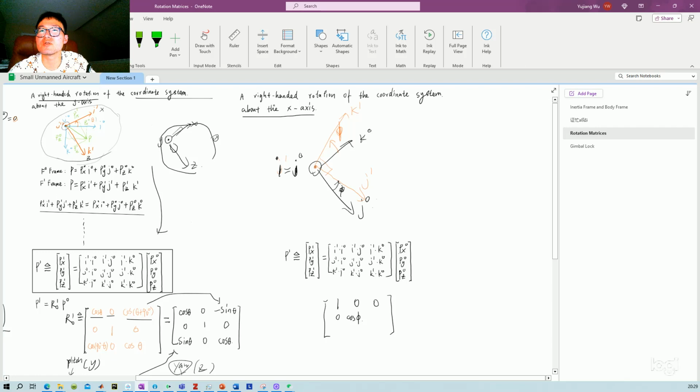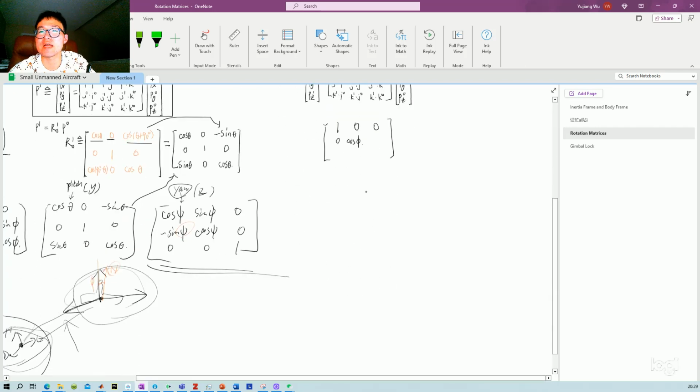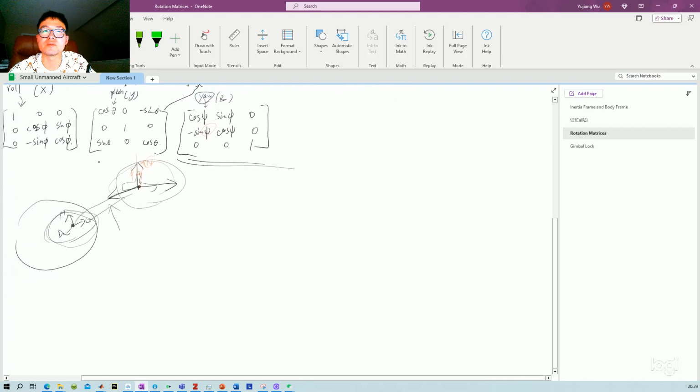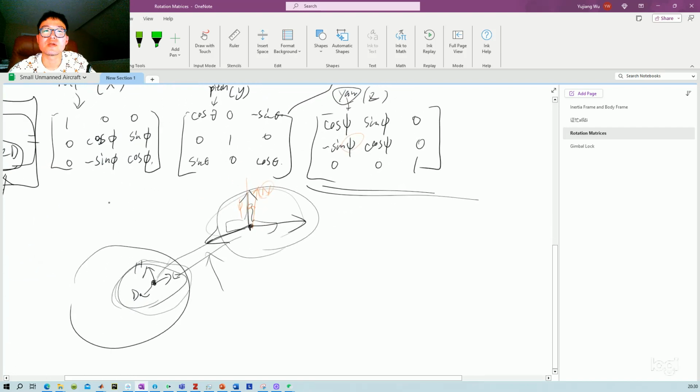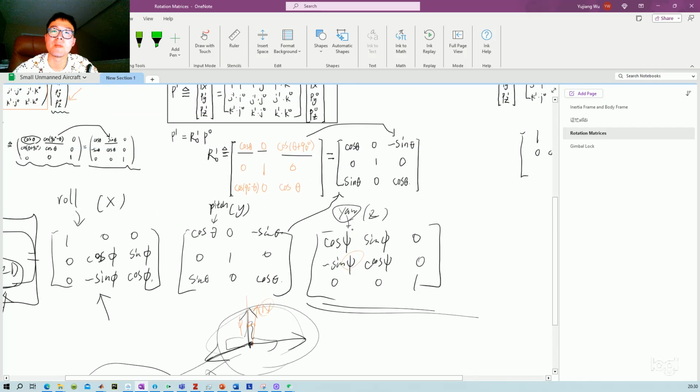Similarly, you can try it out: if you have a right-handed rotation about your x-axis, you will get this answer. So after knowing how it is derived and how these angles are defined, next time you don't need to go through all this math.